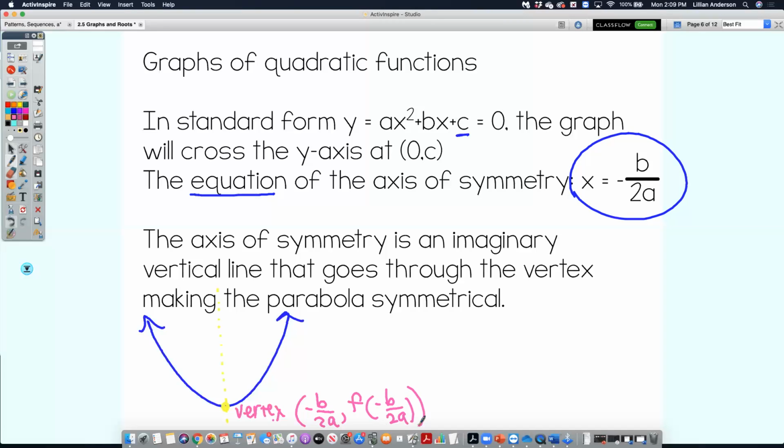That's how you find the vertex. So in standard form, the c is your y-intercept. Your axis of symmetry equation is x equals negative b over 2a. That is also the x-coordinate of your vertex, and you plug it in to get the y-coordinate of your vertex. So those are a few features of standard form.